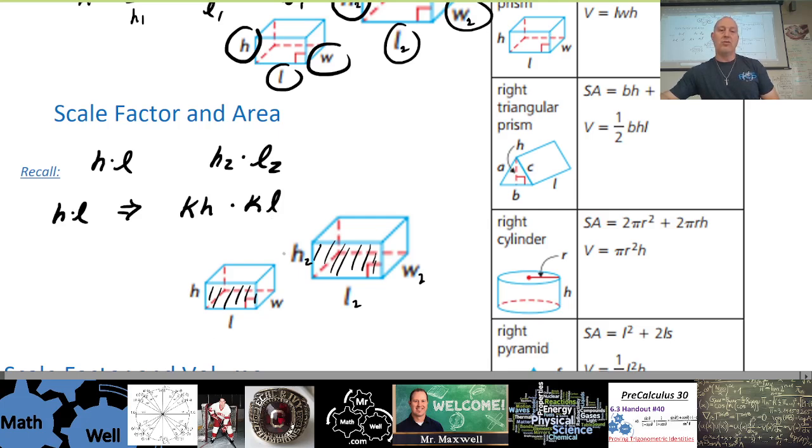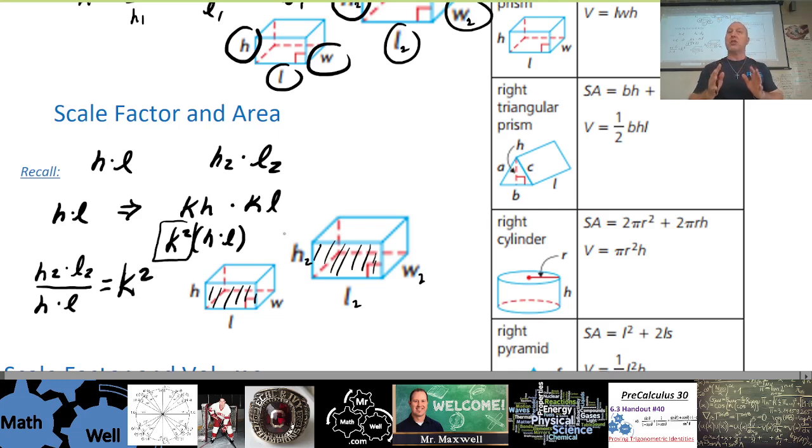They're the original height times the scale factor, and the original length times the scale factor. So this is actually K squared times H times L. And so that's where we get the ratio of areas. If you did H2 times L2 divided by H times L, that's the ratio of the areas of the faces. That equals K squared.